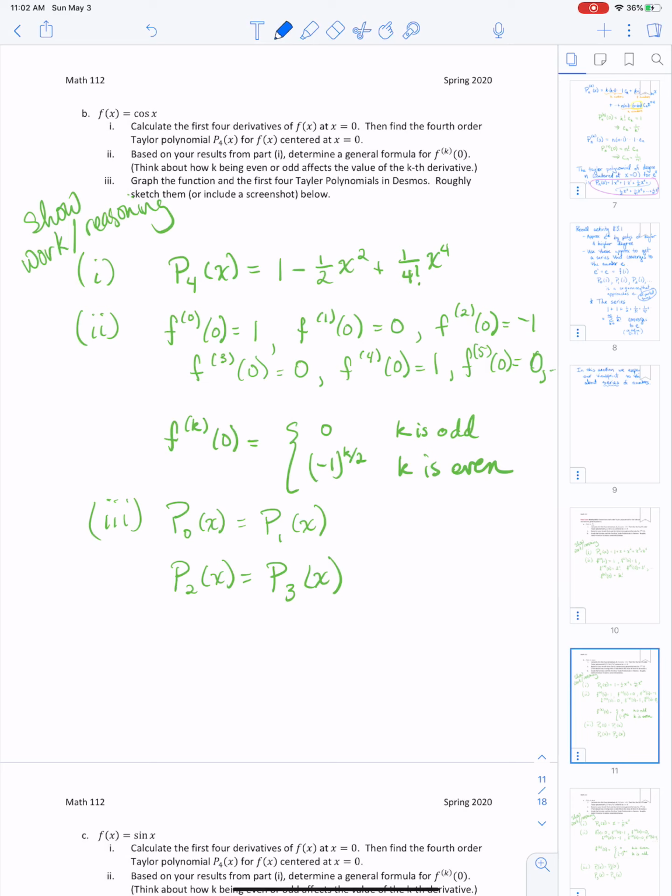Now this is sort of an interesting one because cosine is an even function, right? So when you're graphing cosine of x, and you did this in part 3, you notice that the best linear function is a constant function, and then our quadratic will be some function that kind of matches here, but cubic wise, the best cubic you found was actually the same as the parabola.